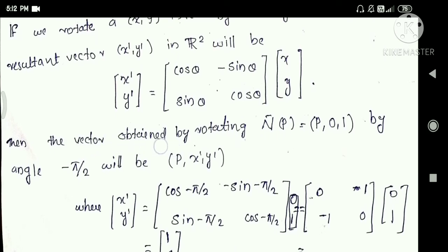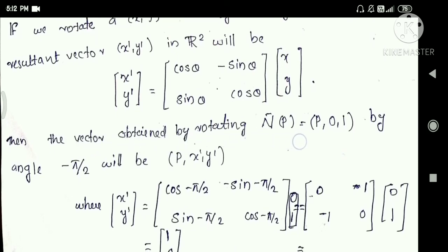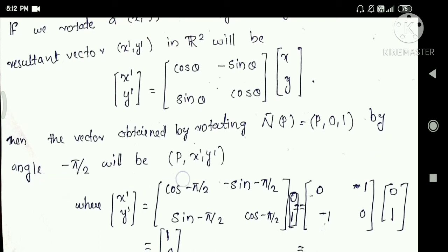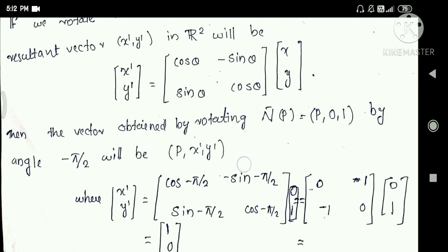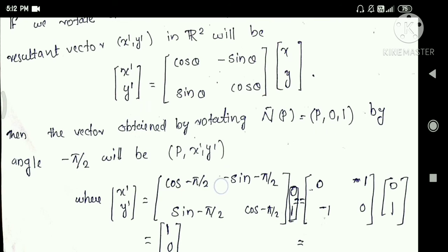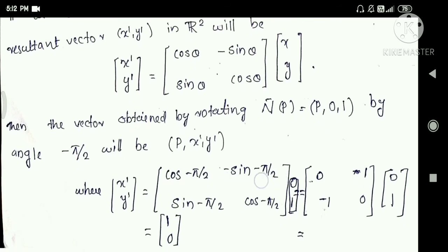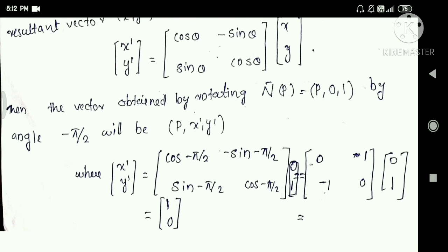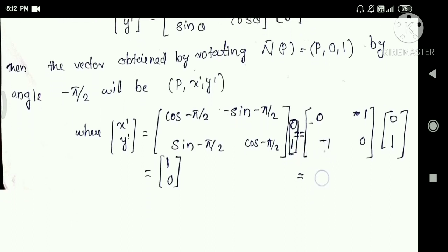Then the vector obtained by rotating n of p equal to p0 1 by an angle minus pi by 2 will be equal to px dash y dash, where x dash y dash is equal to cos minus pi by 2, minus sin minus pi by 2, sin minus pi by 2, cos minus pi by 2, into the matrix 0 1.